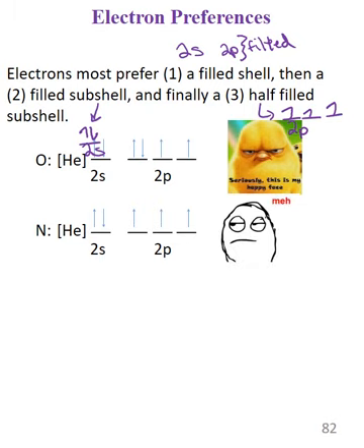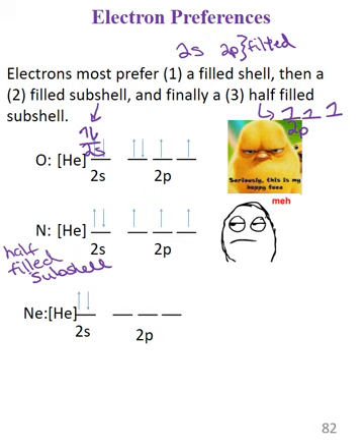It's not amazingly happy, but we have a half-filled subshell. Then, if I'm going to look at neon, the noble gas before neon is helium. We have 2s, that's full, and the 2p is going to be completely full too. So that is insanely happy. So here we have a filled subshell.